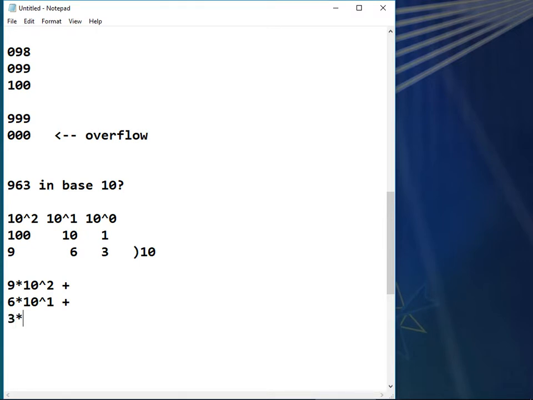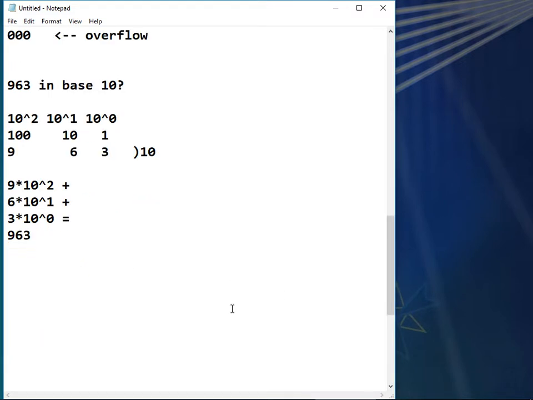So 3 times 10 to the power of 0. We add all those up, guess what we get? We get 963. Yeah, we converted from base 10 to base 10. Big accomplishment. But we have to think like this in order to get to the next concept, counting in binary. Right? So 9 times 10 to the 2, plus 6 times 10 to the 1, plus 3 times 10 to the 0.